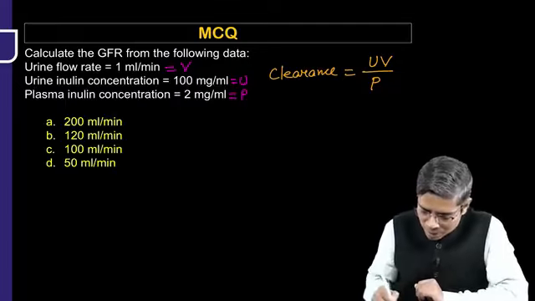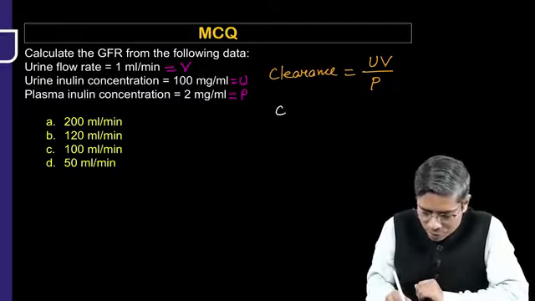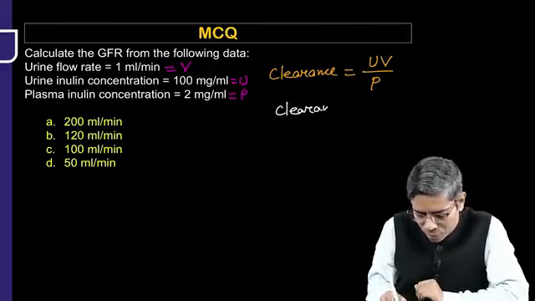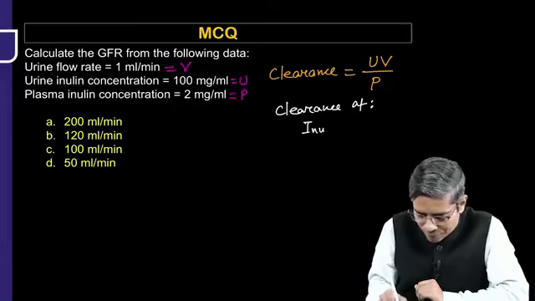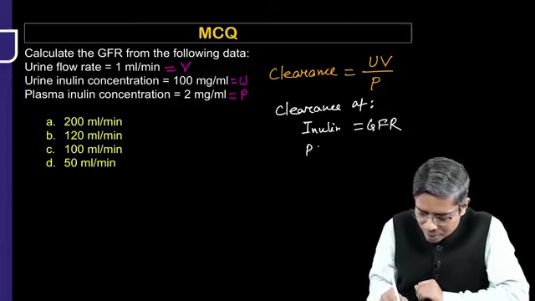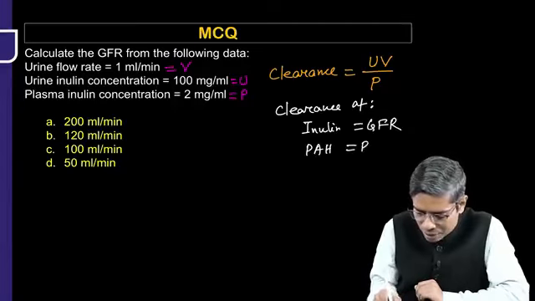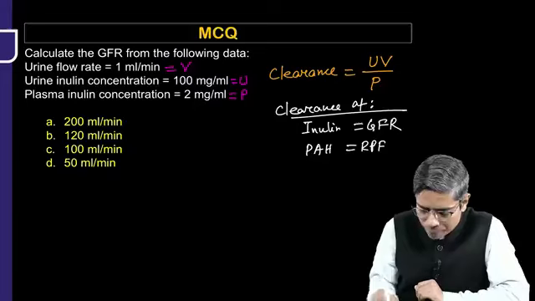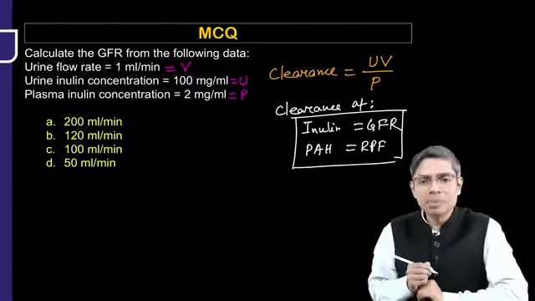Now, we all know these two pieces of information: clearance of inulin is equal to GFR, and clearance of para-aminohippuric acid is equal to renal plasma flow. These two important facts you have to remember.